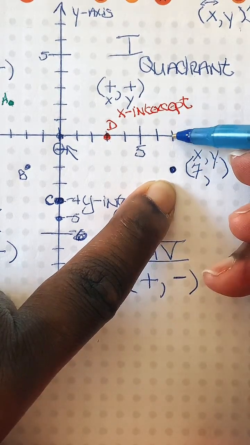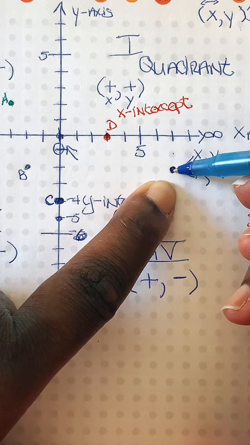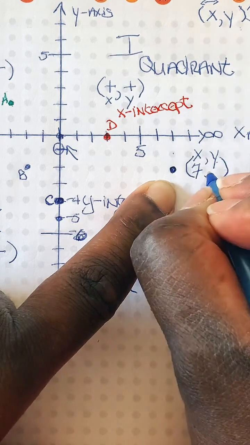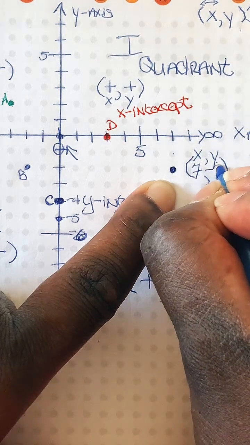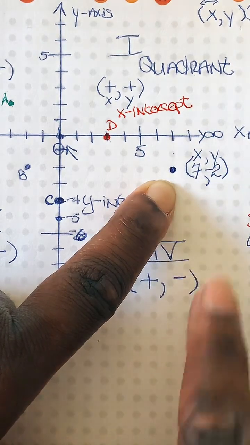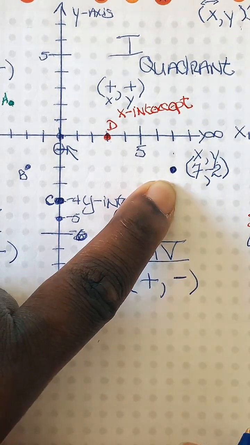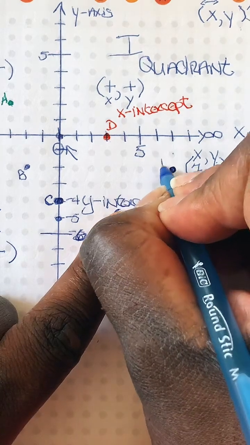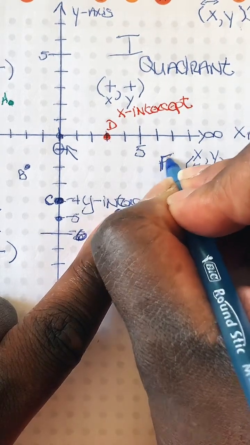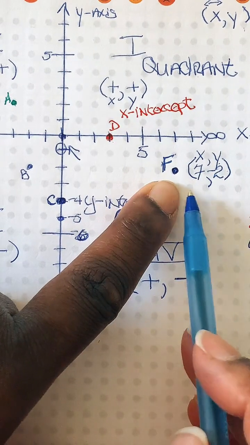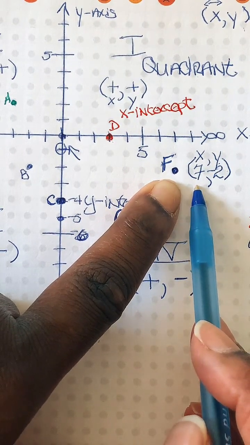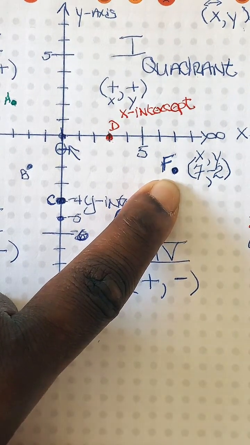But then I'm coming down 1, 2. So I went down 2, so that is a -2. So the coordinate of that point, which we're going to say is point F, why not? Point F. The coordinate is at 7, -2.